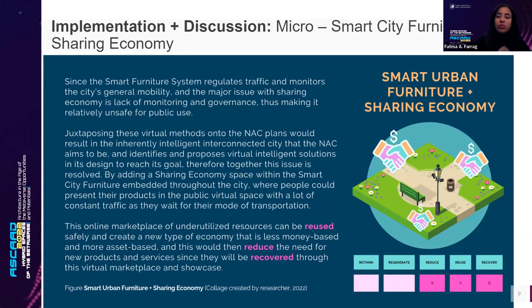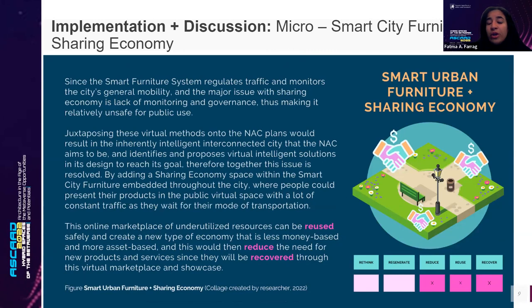the different scales, like what the NAC already has, and one of the virtual methods that was previously discussed. And for the first one, on micro scale, there's the smart urban furniture and the sharing economy, where the smart furniture system regulates traffic and monitors the city's mobility.